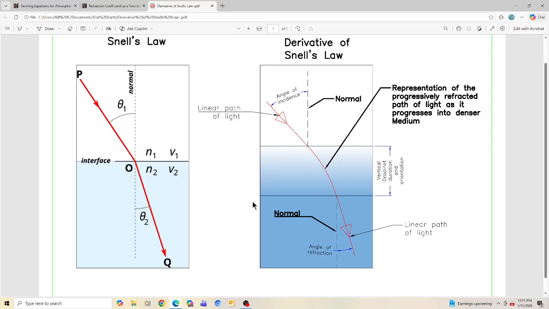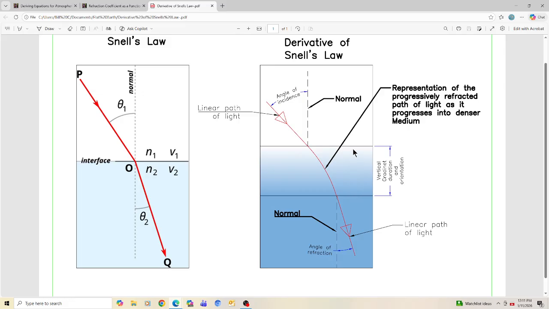And all the principles in explaining refraction are the same. The only difference is that you have an incident ray of light coming in, you have an interface. You have an incident ray coming in, and instead of a solid interface, you have a rate of change.